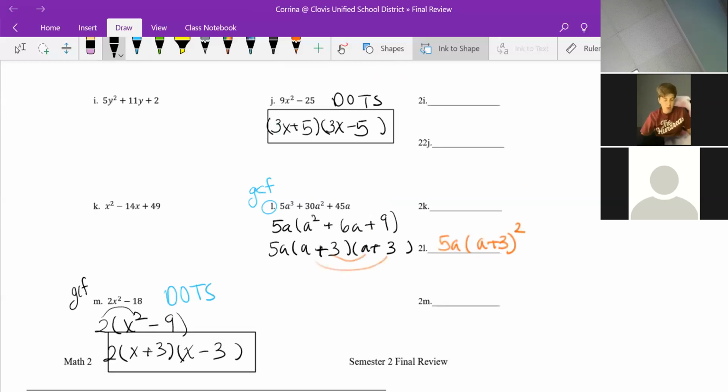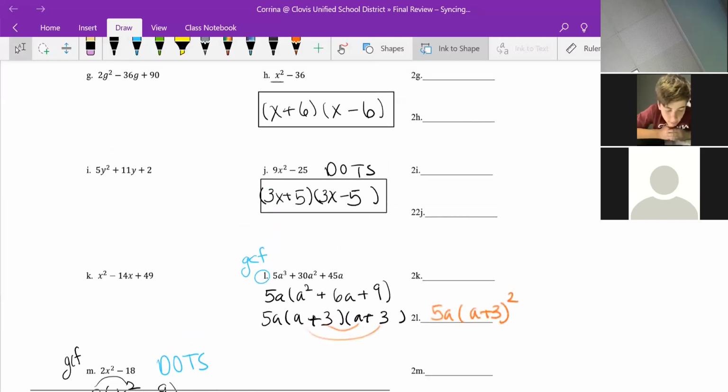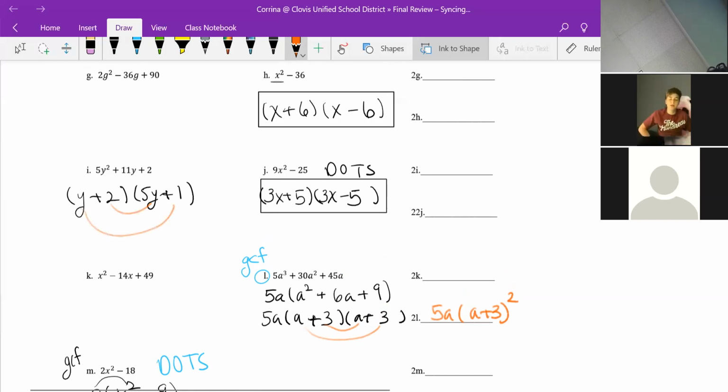Okay, how about letter I? I feel like I got this one wrong, but is it y plus 2 and then 5y plus 1? Let's check it. How can you know if you got it right or wrong? Do you remember what the check work was? I didn't do that. How did you get those numbers?